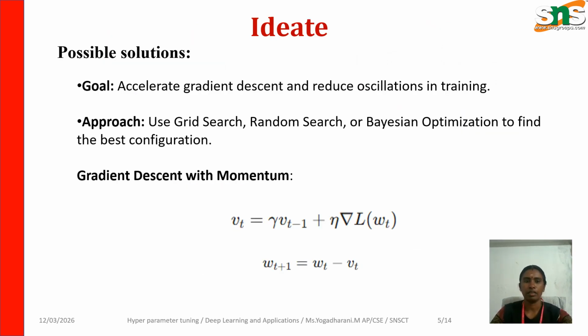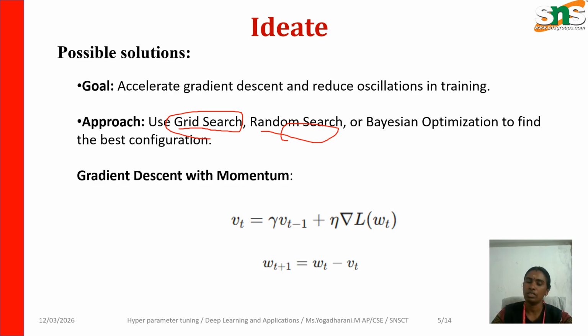In the ideate part, two types of methods are used while tuning hyperparameters, the main ones being grid search and random search. Grid search is where we evaluate all the possible models, with the data placed in a grid format of rows and columns.